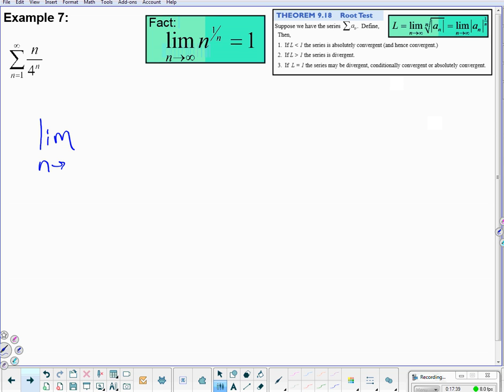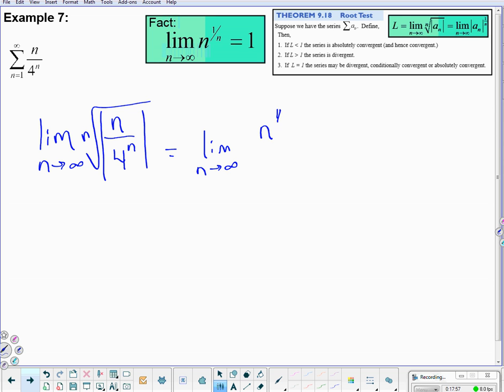N goes to infinity. We have n over 4 to the n, and we're going to nth root this. So nth root test, absolute valued. If you don't like it that way, let's break it up. I'm going to have n to the 1 over n, absolute valued, over 4 to the n to the 1 over n, absolute valued.